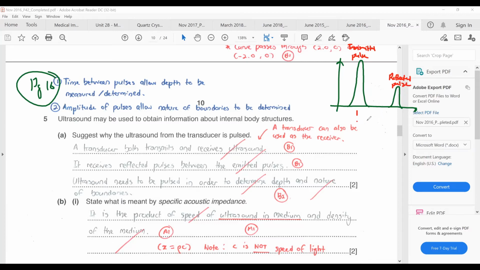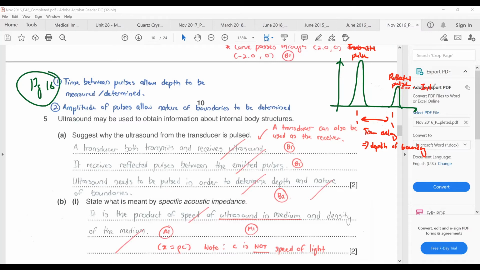The reason for that is because you want to get your time delay, which gives you info about the depth of your boundary. Remember, the depth of your boundary. And another thing is that you want to get the intensity reflected.